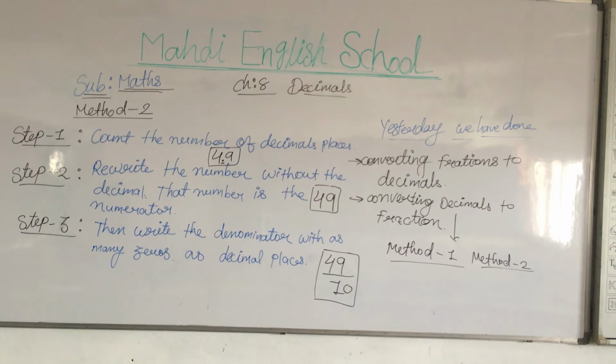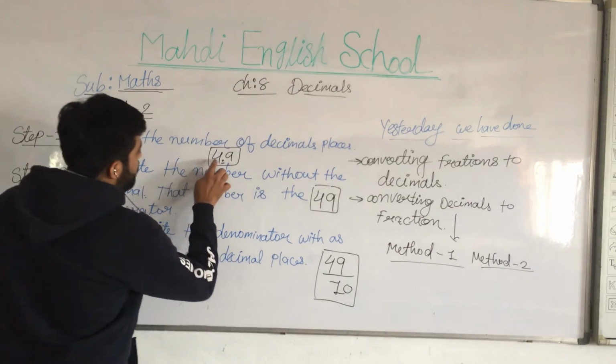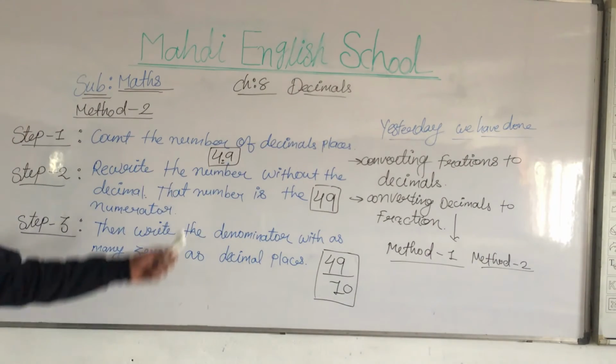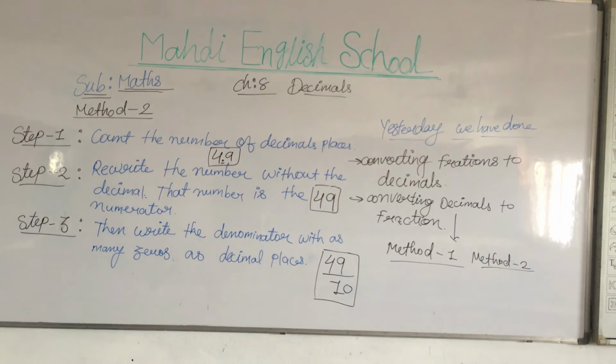Step number 1: count the number of decimal places. In 4.9 there is one place. We must follow the first step. Then we will move on to step number 2: rewrite the number without a decimal.